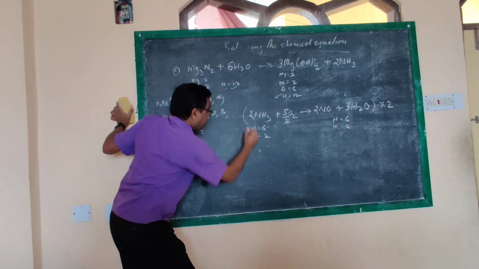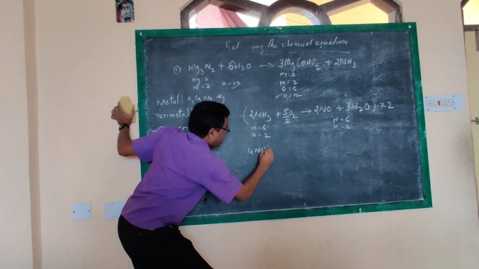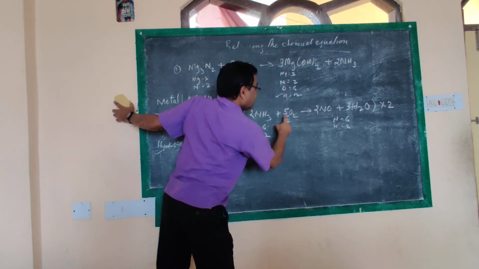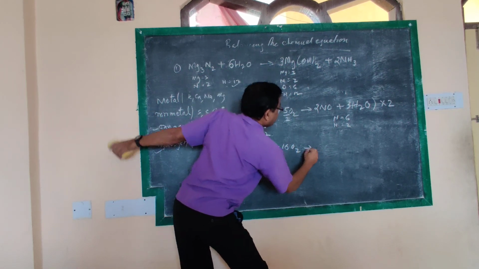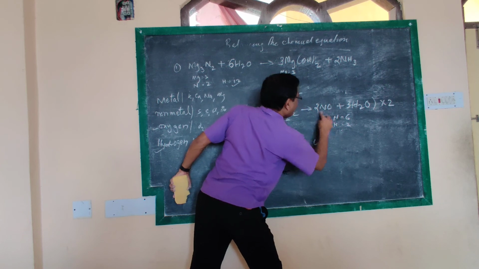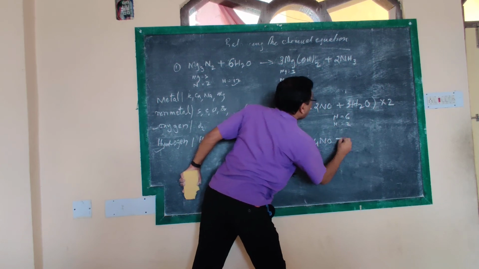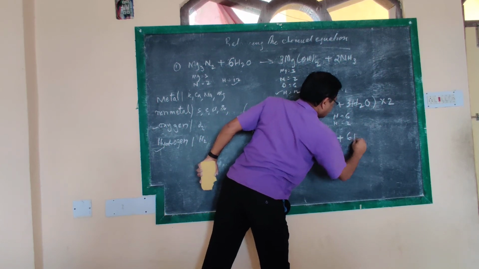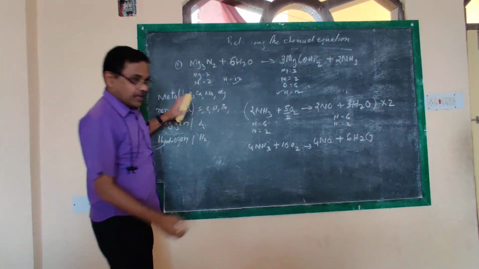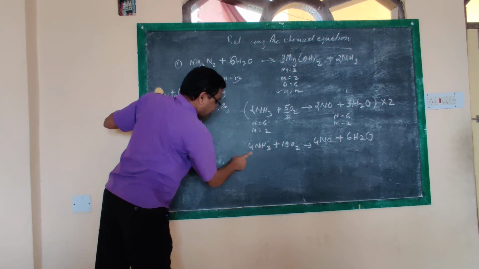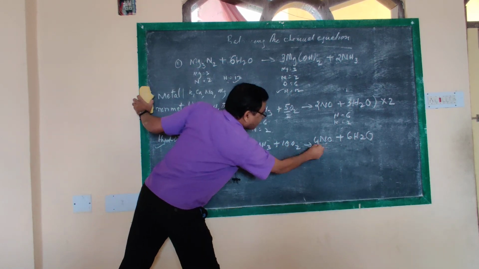So this equation will become 4 NH3 plus 5 O2 gives 4 NO plus 6 H2O. Now see the balancing whether it is correct or not. Nitrogen 4, nitrogen 4 balanced.